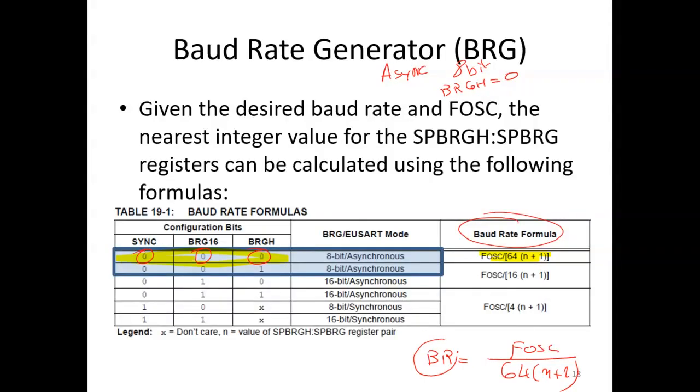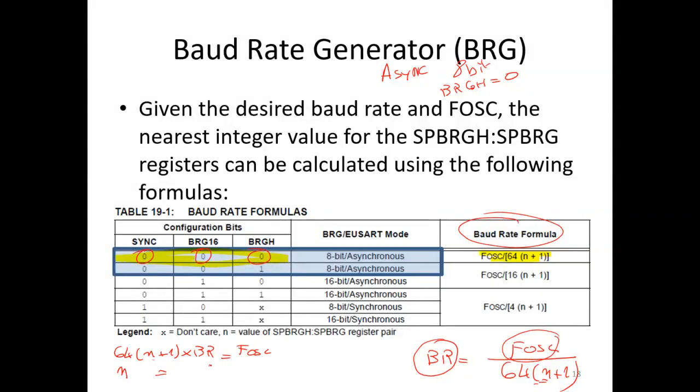Generally we have the baud rate, we have the frequency of the oscillator, and we have to find the value of n. So let's suppose that we are using this formula and we need the value of n. We can multiply here: 64 multiplied by (n plus 1) multiplied by the baud rate equals the frequency of the oscillator.